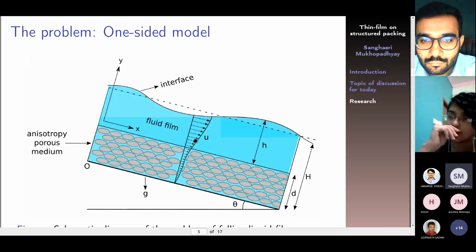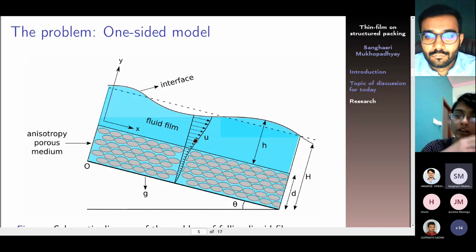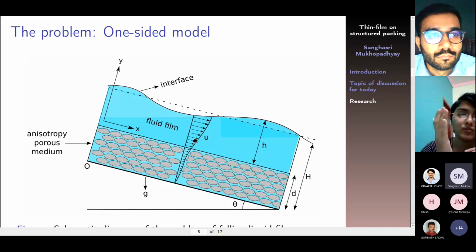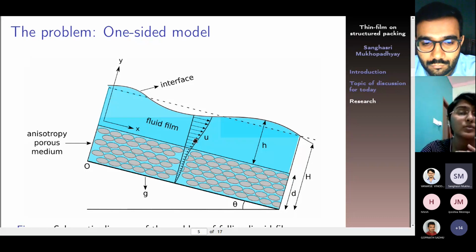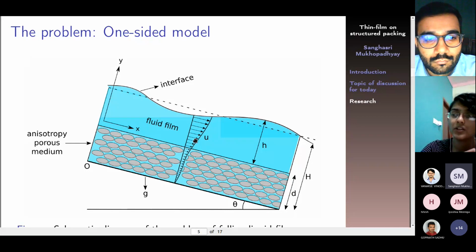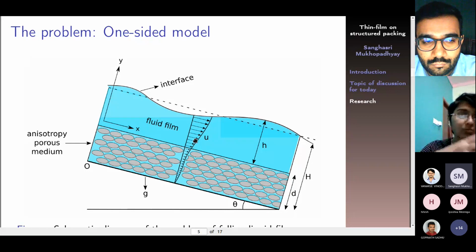It doesn't matter much with the porous medium. If you increase the inclination, it will give you a more destabilizing effect. In terms of the linear stability, the critical Reynolds number value will decrease if we keep increasing the inclination angle. So there is not much to do with the porous medium, because the inclination angle always has its own property to react with.